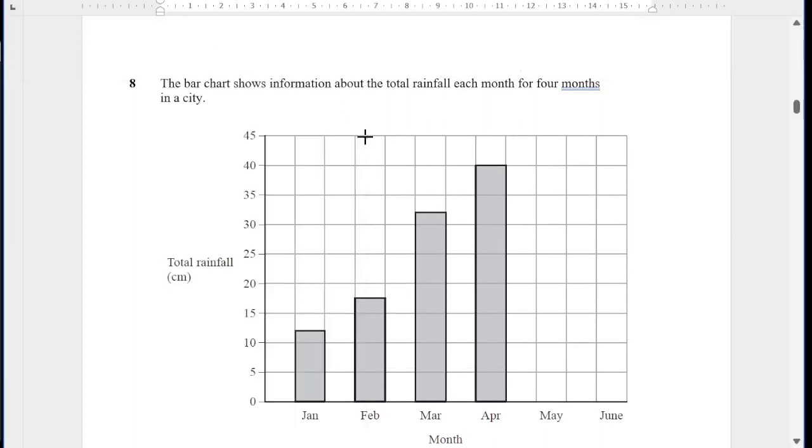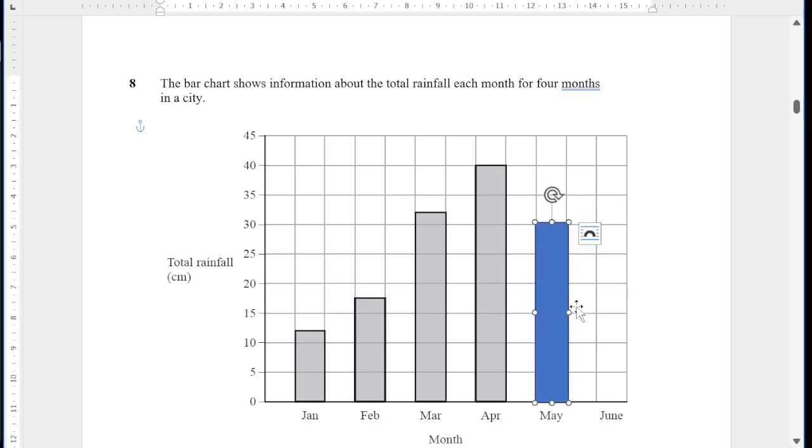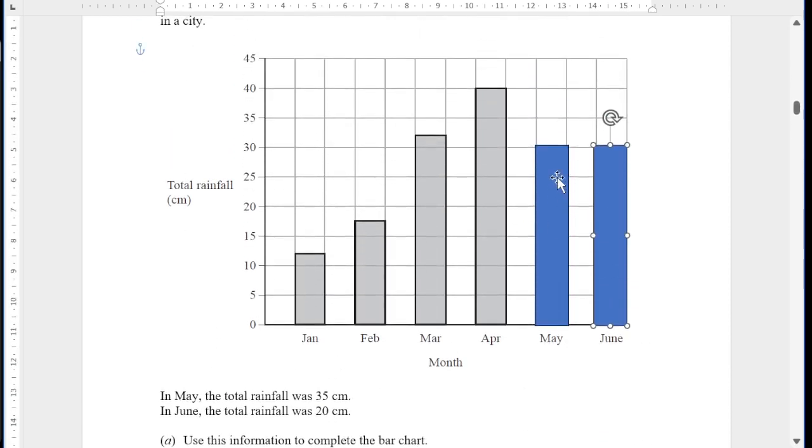I'm going to insert shapes, and I'm going to adjust my height in a second. So I need my first one to go up to 35. And I need my second bar to go up to 20. So that's going to be my 2 bars.